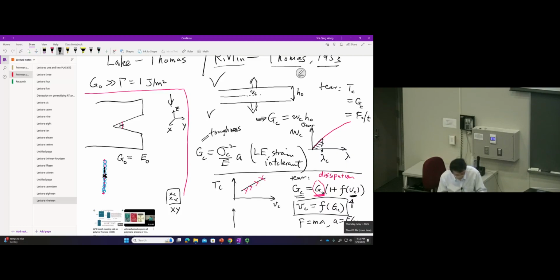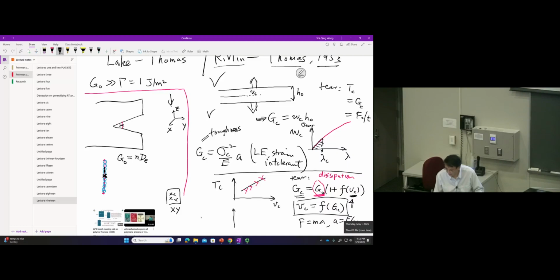Or in fact, I know my notation, it was dissociation energy, we call it DE. E stands for energy, D stands for dissociation. And there are n such bonds in a strand.